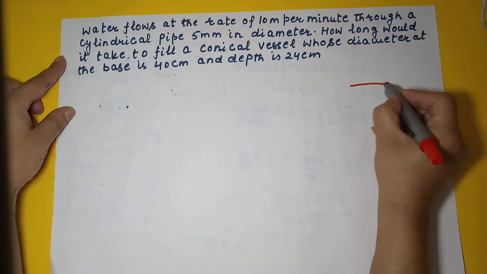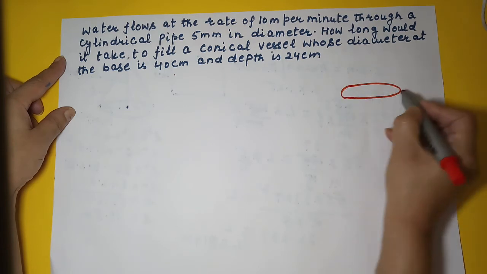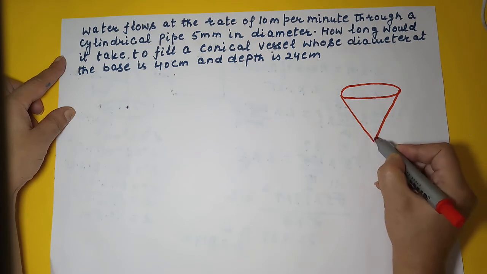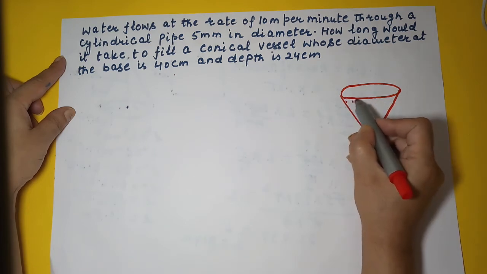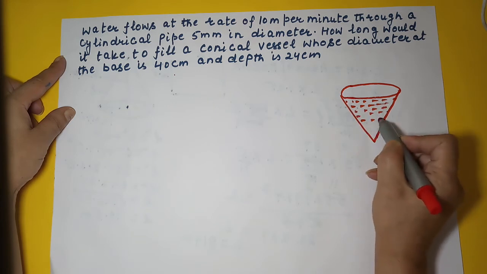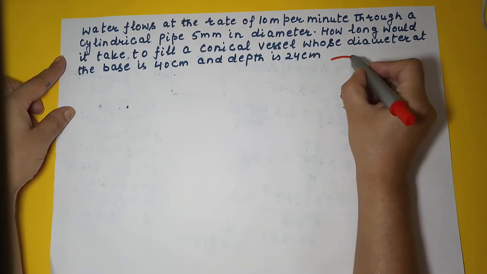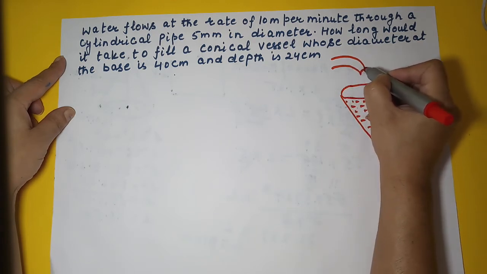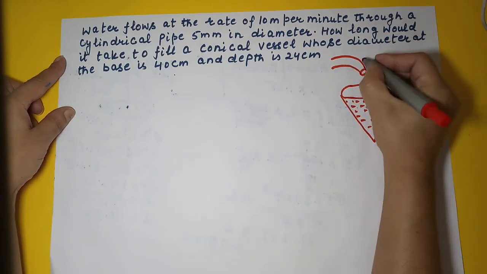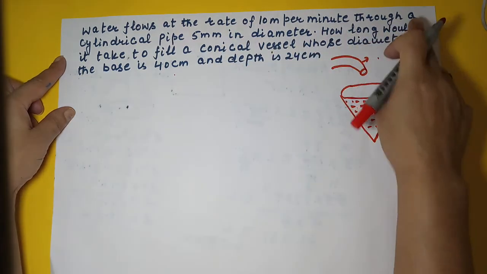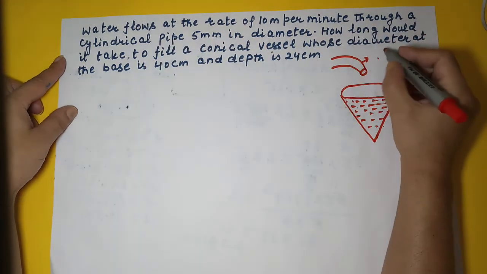So we have a conical vessel like this. This has to be filled up to brim because he's saying that how long will it take to fill. So this has to be filled up to brim by a cylindrical pipe whose diameter is 5 millimeter.